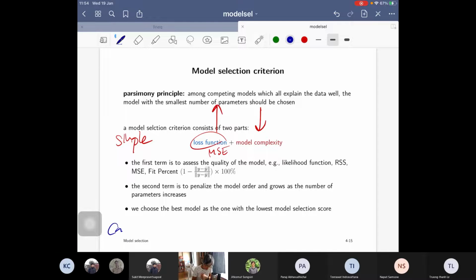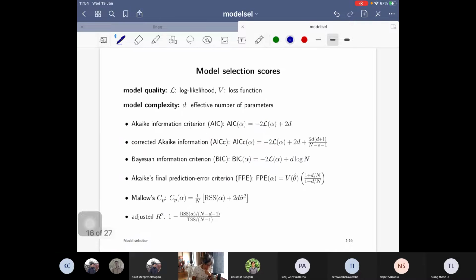If your model is complex, your loss function will be low, but the complexity is high. That's why these two terms trade off, and we pick the one whose sum is minimum.